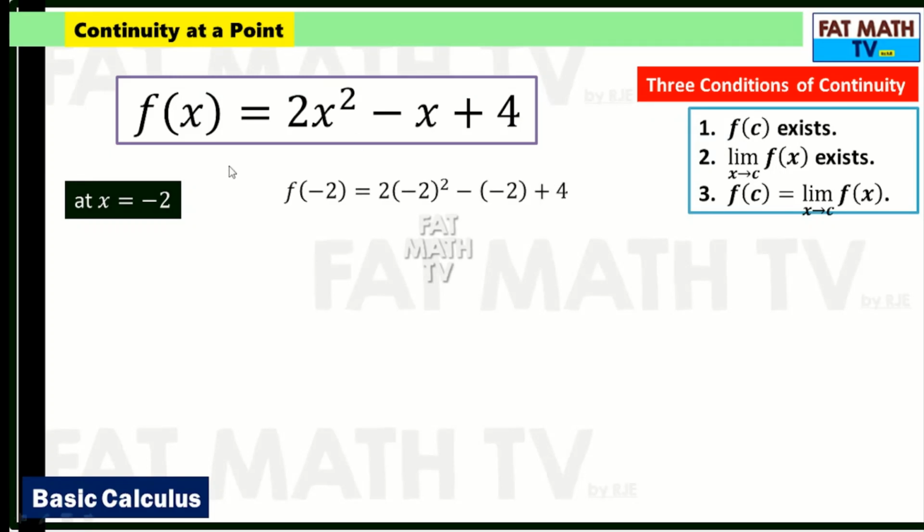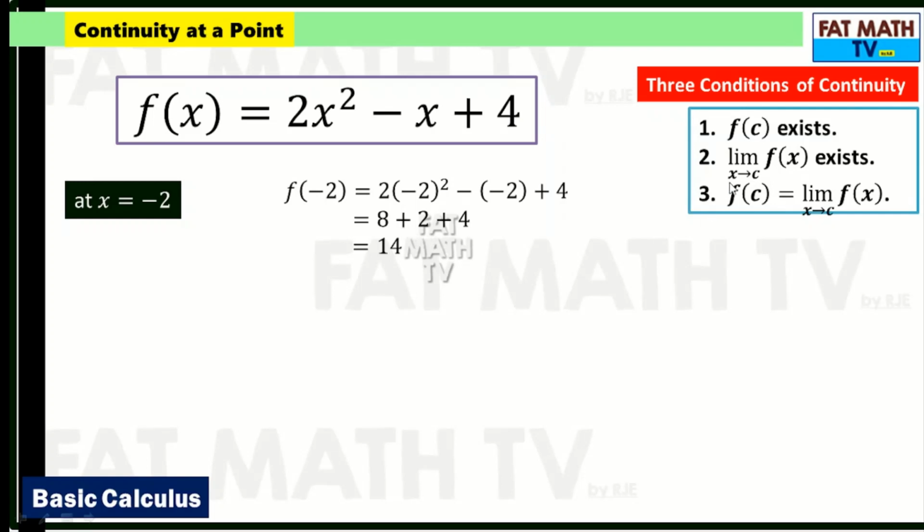So we will have f of -2 is 2 times -2 squared minus -2 plus 4. -2 squared is 4. 4 times 2 is 8. Minus -2 is plus 2. And copy plus 4. So 8 plus 2 plus 4 is 14. F of c exists.